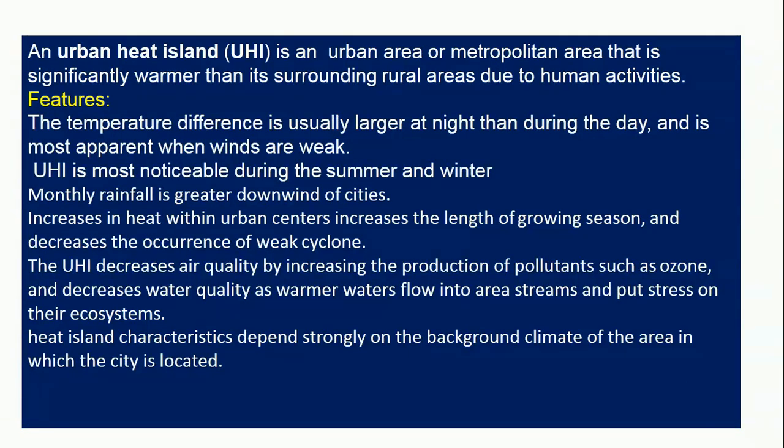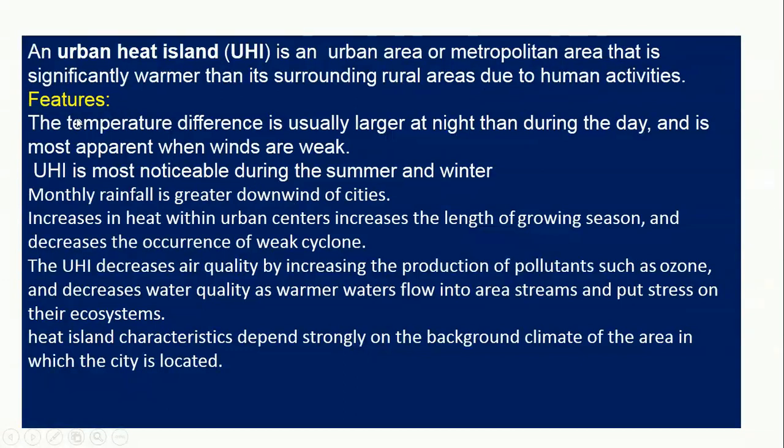So what are the features of the urban heat island? This is the definition of the urban heat island: it is an urban area or metropolitan area that is significantly warmer than its surroundings, the rural areas, due to human activities. What are the features?